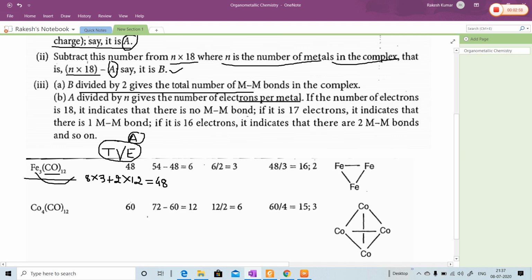In the second step, we have to subtract this A from n into 18, and n is the number of metal atoms in the molecule. So there are 3 metal atoms.